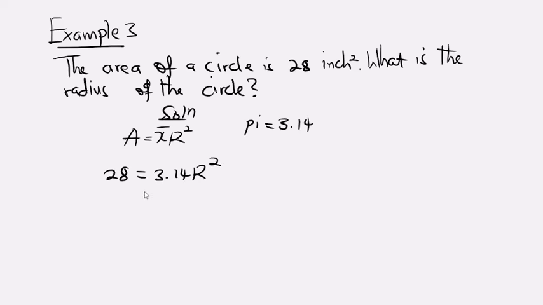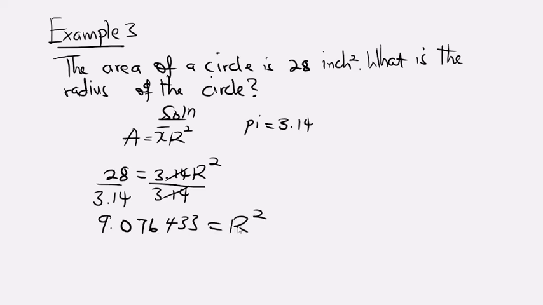So we know that if you have an equation of this form, what you are supposed to do is to divide both sides by 3.14. So here by 3.14, here too by 3.14. So 3.14 will cancel 3.14, and 28 divided by 3.14 gives us 9.0764333, which is equal to r squared.